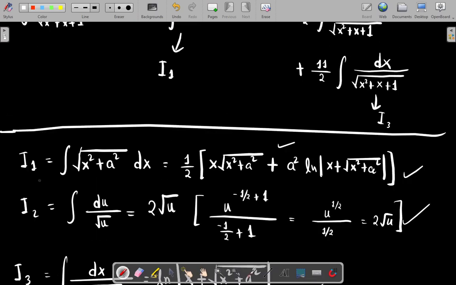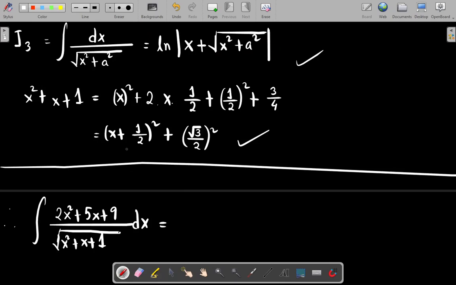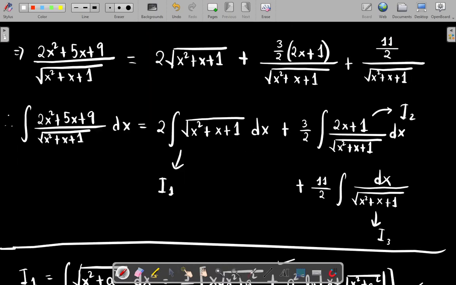So if I cross multiply this, only this part will be remaining. But in our case, x should be replaced with x plus half, and a should be replaced with root 3 by 2. That is, our x is x plus half and a is root 3 by 2. These are the two things that we have to use in our formula.